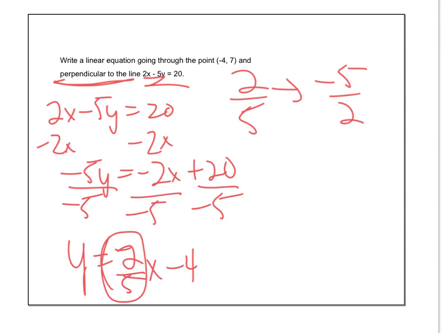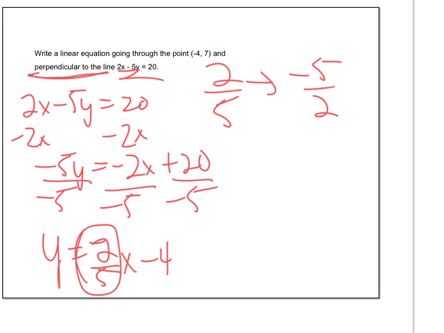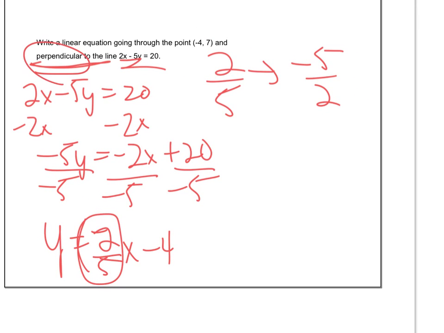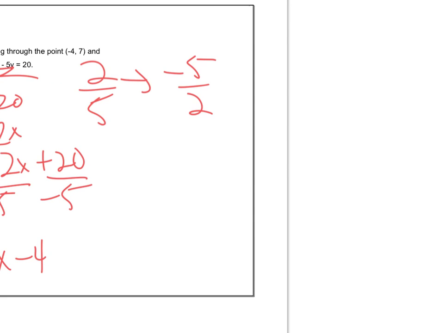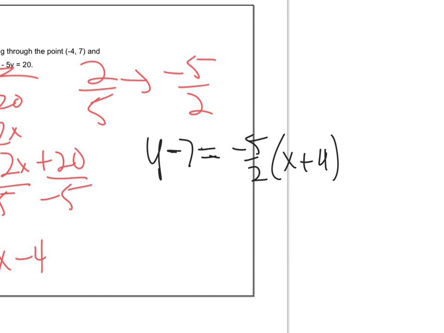All right, so I want perpendicular to the line. So I'm going to do that point and that slope. So I want y minus 7 equals negative 5/2 times x plus 4.